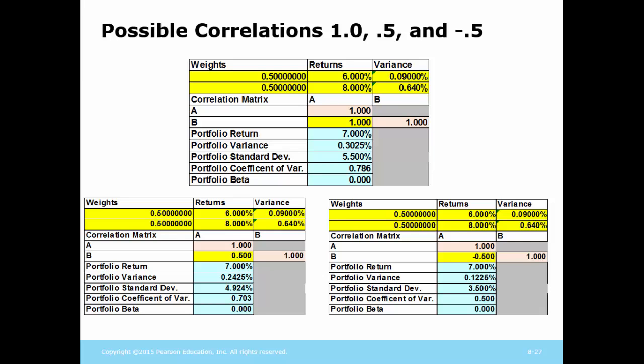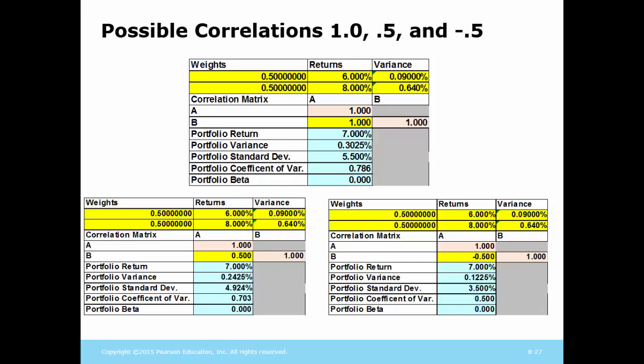So we switch to another spreadsheet, called the portfolio risk spreadsheet. Essentially we put equal amounts in each portfolio. Here are the returns, 6% in A, 8% in B, and here's the variance.